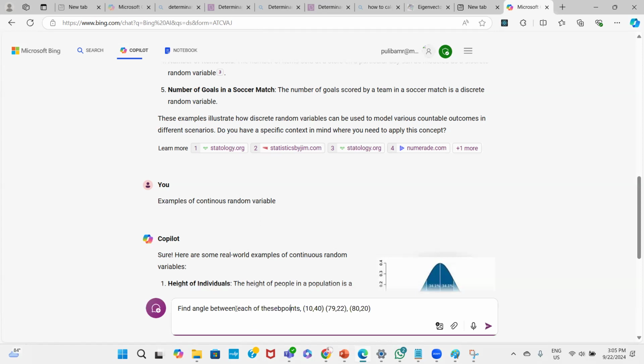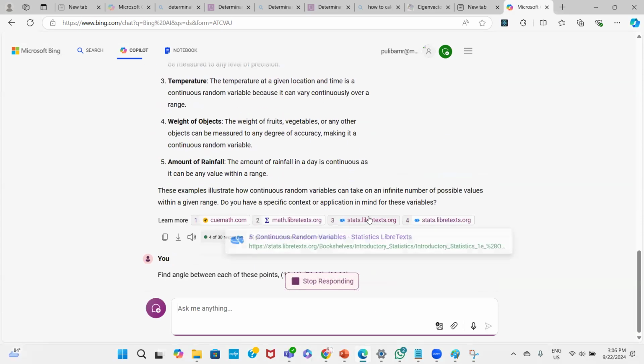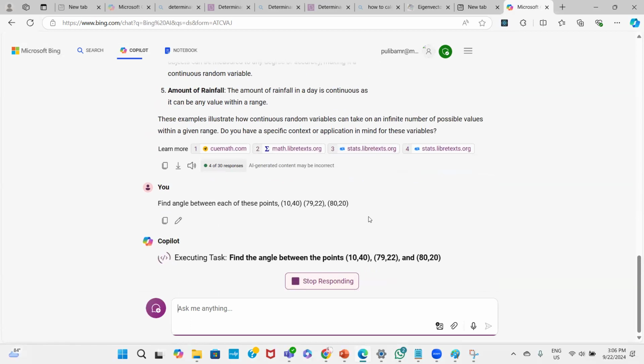So let's see what the angle says. You want to find the angle between 10, 40 and 79, 22; 10, 40 and 80, 20; and also the angle between 79, 22 and 80, 20. Then you will understand which two vectors have the minimum angle and which have the farther angle.